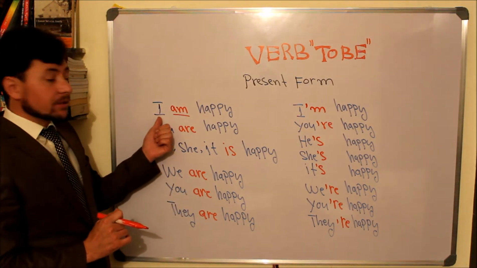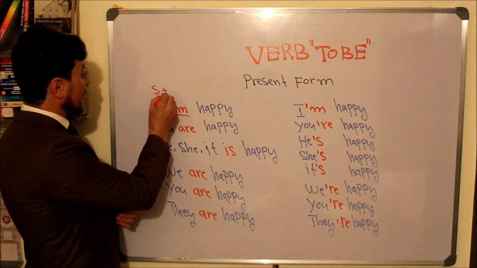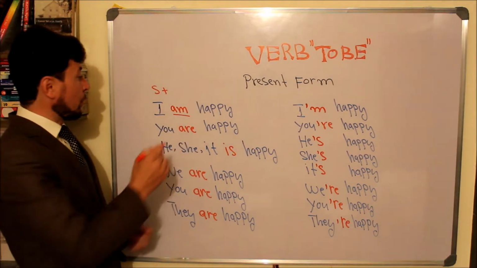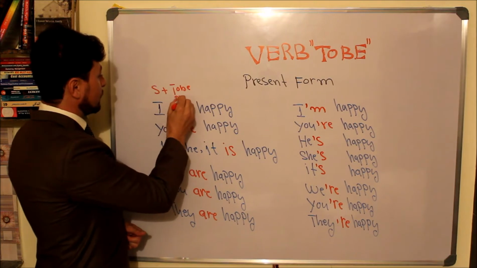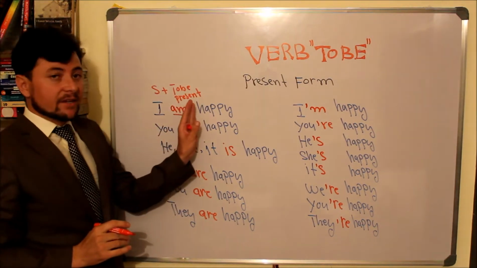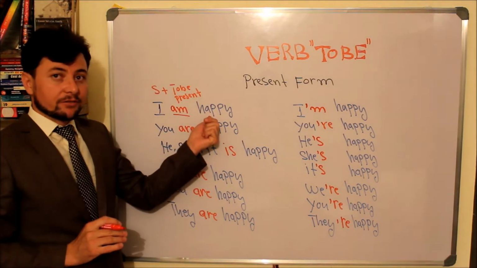What do we have in the first place? It is a subject. After the subject, we have verb to be in present form. After that, we have the rest of the sentence. In this case, here we have an adjective.